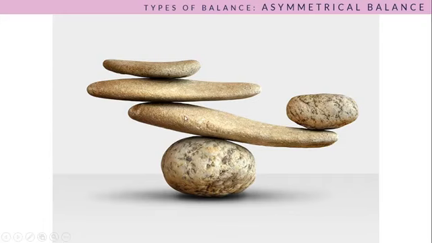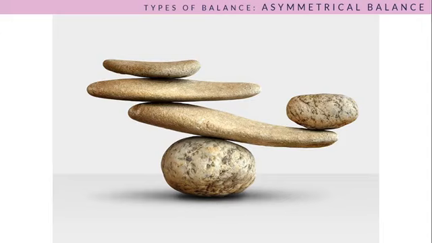The composition is not symmetric because the number of rocks here is different, and the size of the rocks there is also different. It's not reflected or mirrored. Okay? The composition is not symmetric even though the rocks look perfectly balanced. Even if the sides aren't equal to each other, the composition still evokes harmony and visual balance.